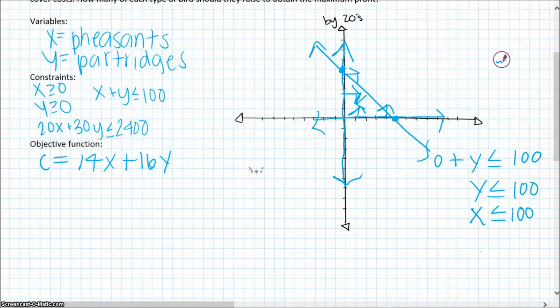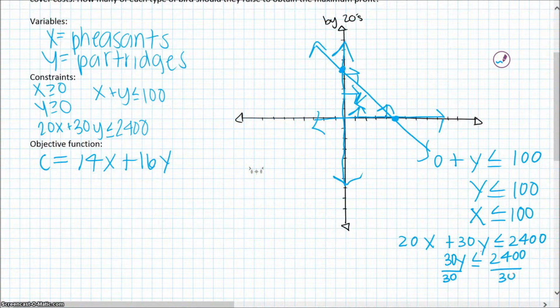And then next it will be 20x plus 30y is less than or equal to 2,400. So if we plug in 0 for x, we would get 30y is less than or equal to 2,400. And if we divide by 30 on each side, we get y is less than or equal to 80.